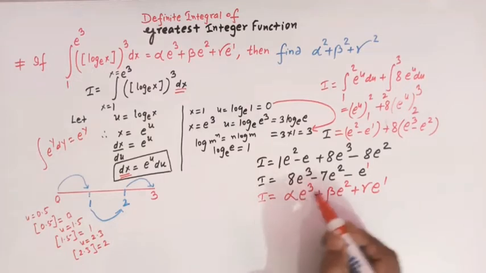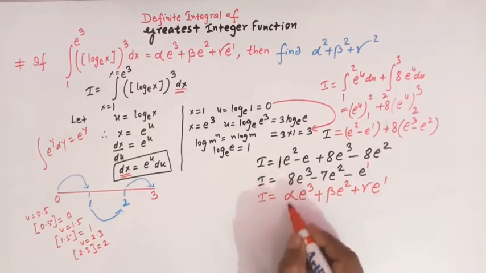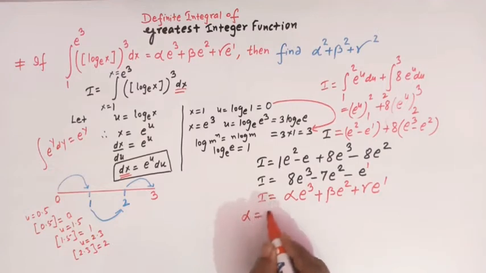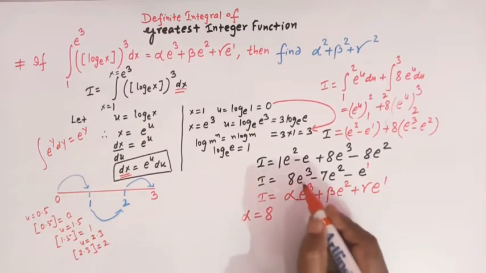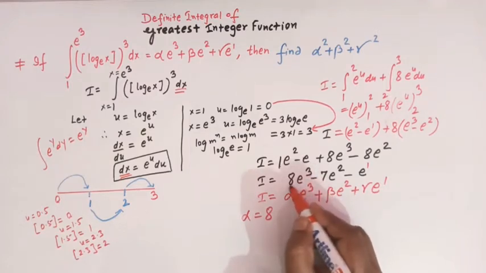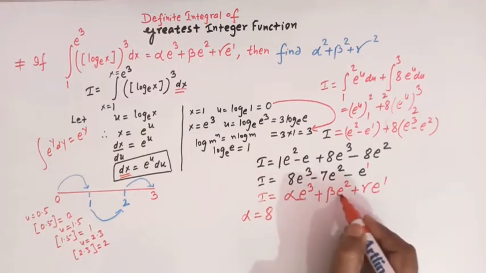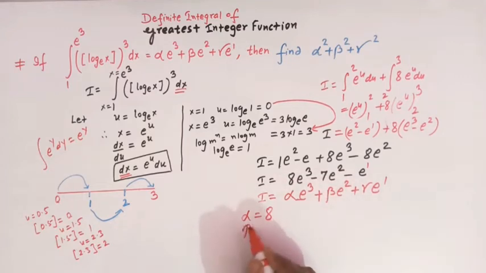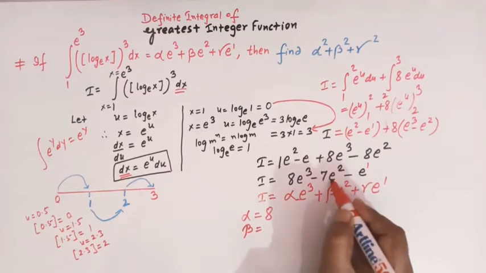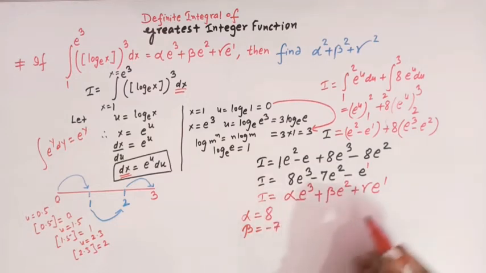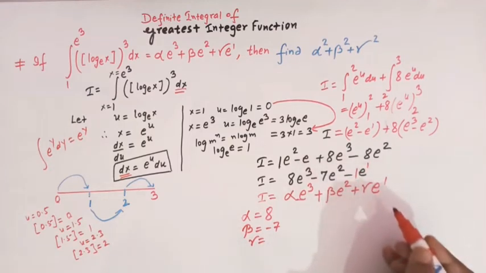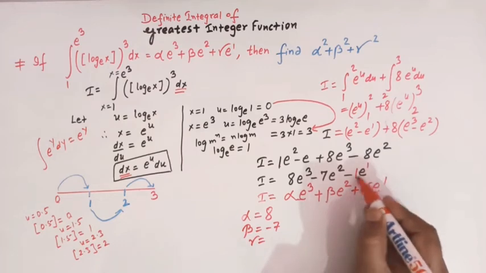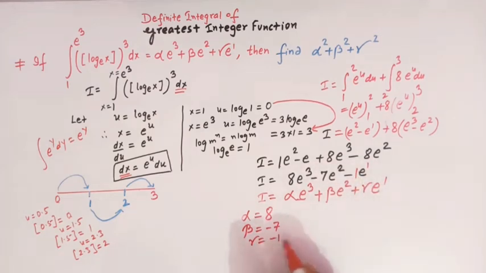Now if we compare these two expressions, we see that alpha is equal to 8, because here the coefficient of e cube is alpha, and here the coefficient of e cube is 8, and here the coefficient of e square is beta, and here the coefficient of e square is minus 7, and here the coefficient of e raised to 1 is gamma, and here the coefficient of e raised to 1 is minus 1.